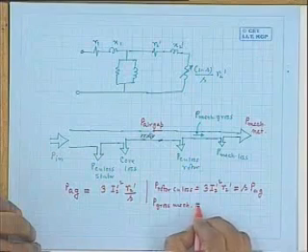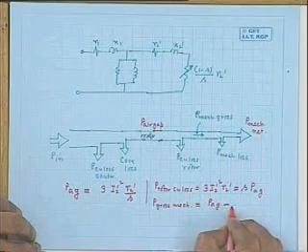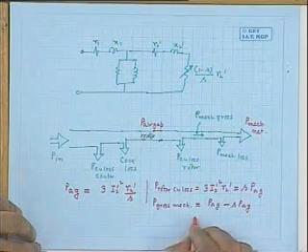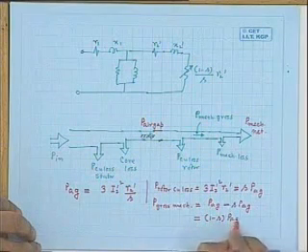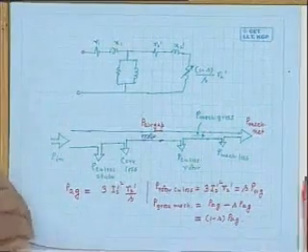And P gross mechanical will be PAG, air gap power, minus S into PAG, the rotor copper loss, and this will be equal to 1 minus S into PAG.